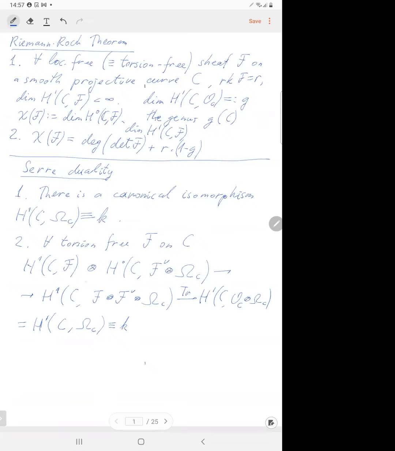And the claim is that this is a perfect pairing. Okay, so these two spaces are canonically dual.